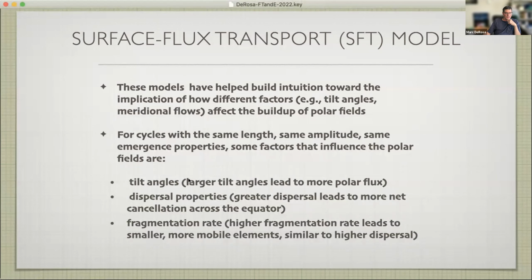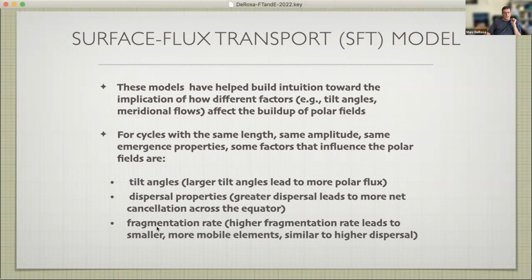In general, larger tilt angles lead to more polar flux. The dispersal properties can have an effect. If the flux is able to move around more readily, then you tend to cancel more. There's more net cancellation across the equator, and that leaves a net trailing polarity flux that gets advected poleward.